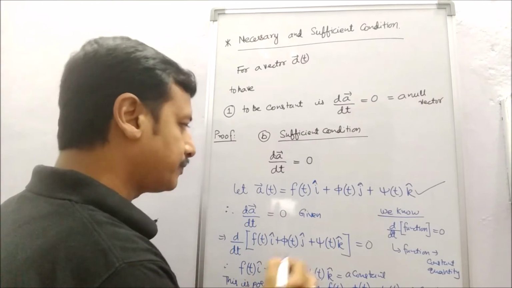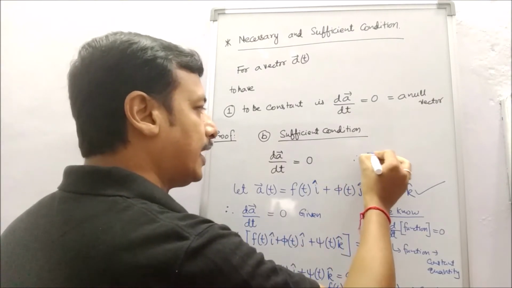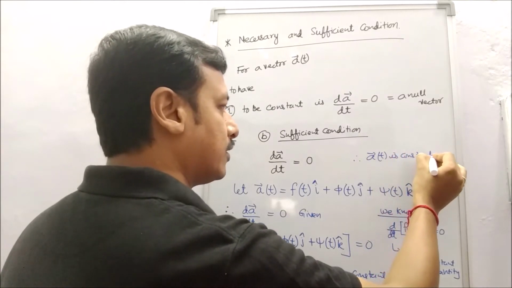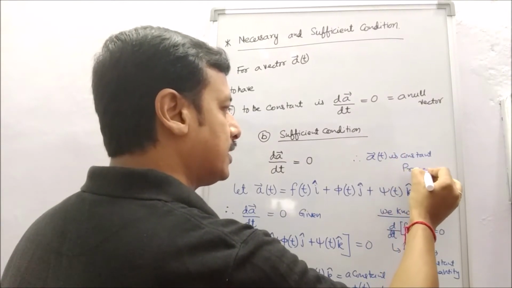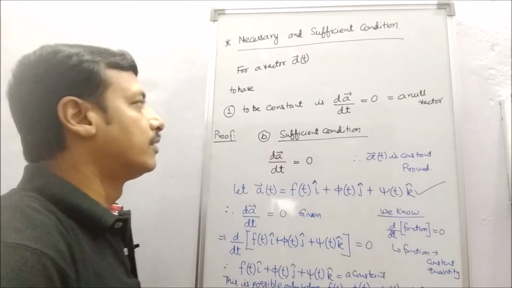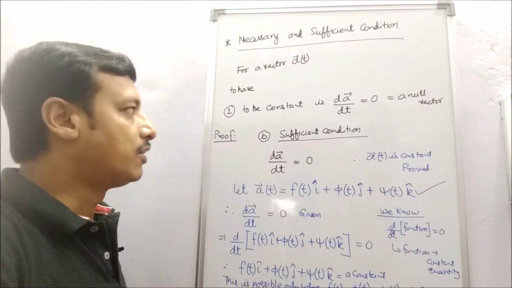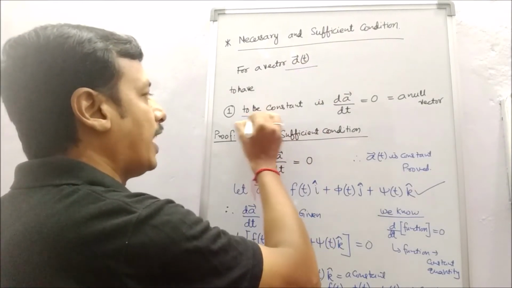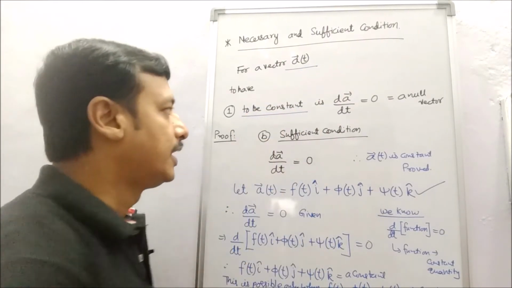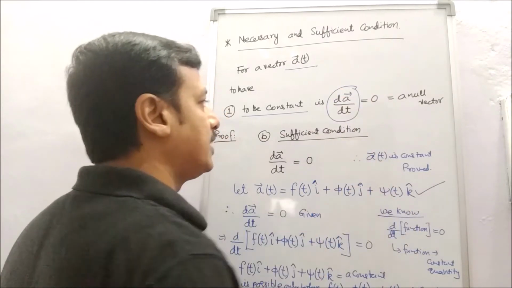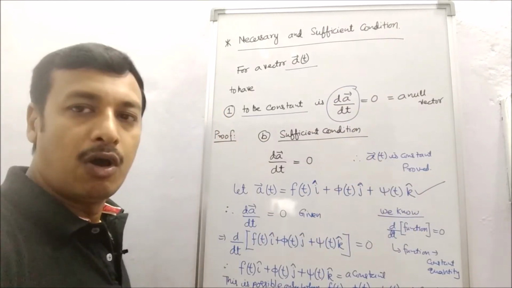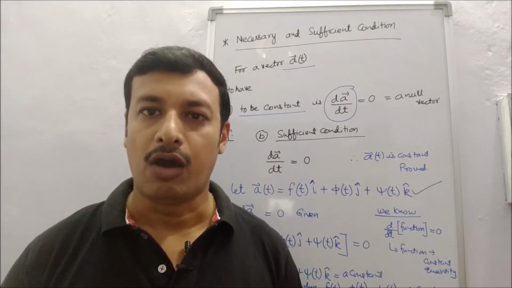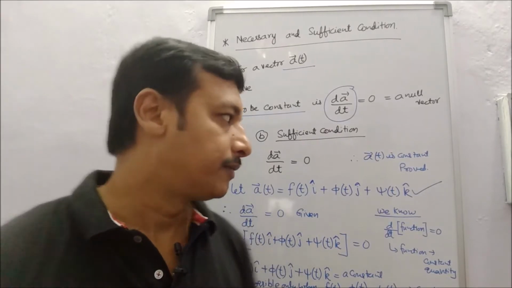Therefore A(t) is a constant. So the sufficient condition of the first part is also proved, that is, for vector A to be constant, its derivative dA by dt is equal to 0, a null vector. This sufficient condition can also be proved in another way.